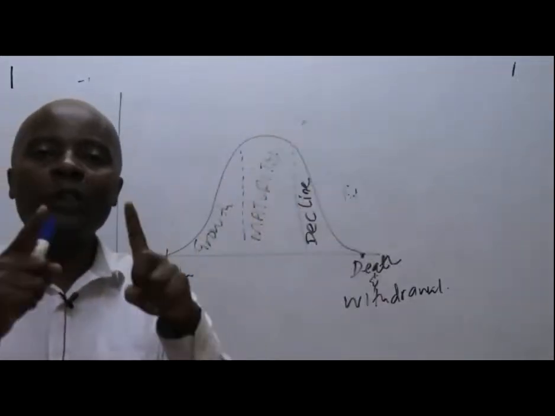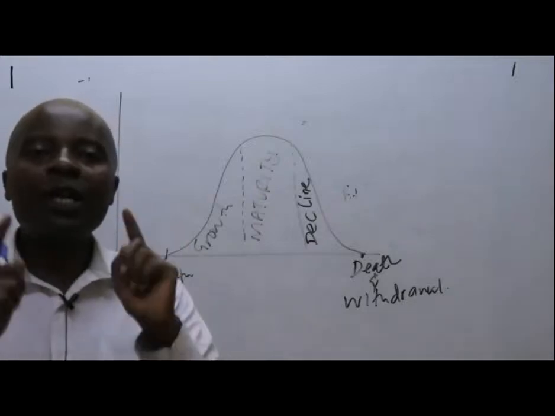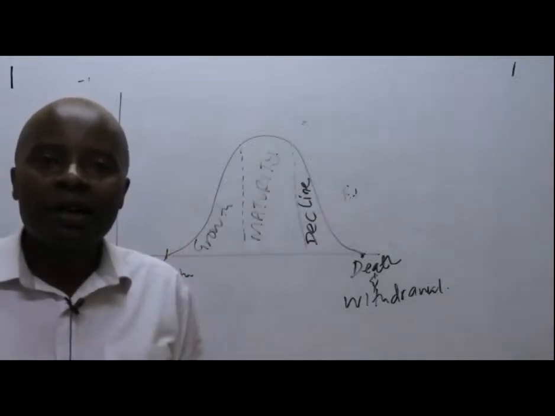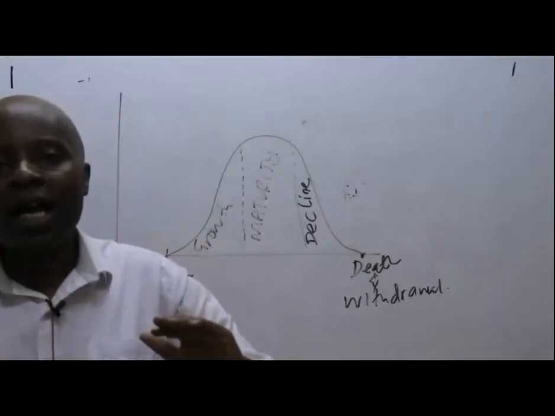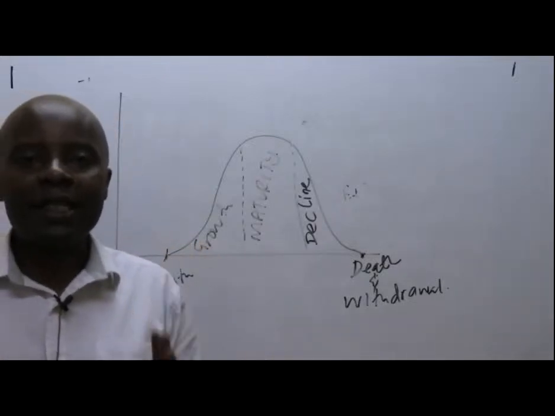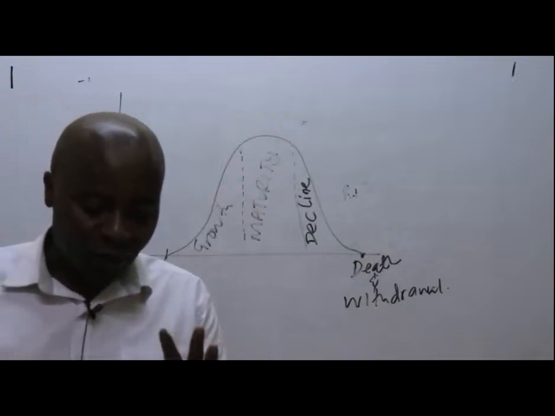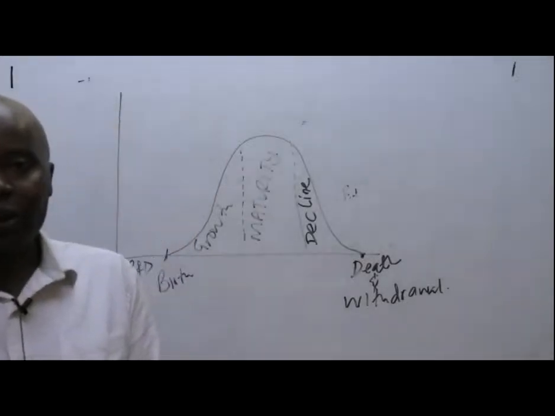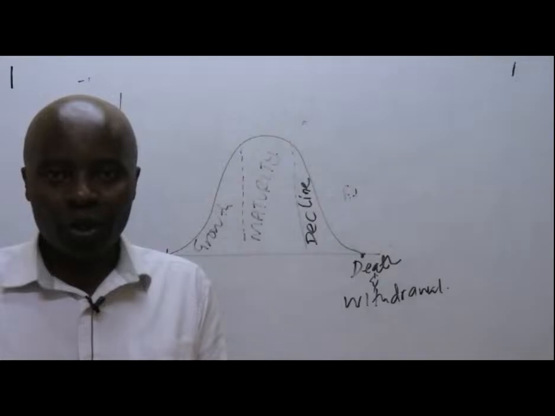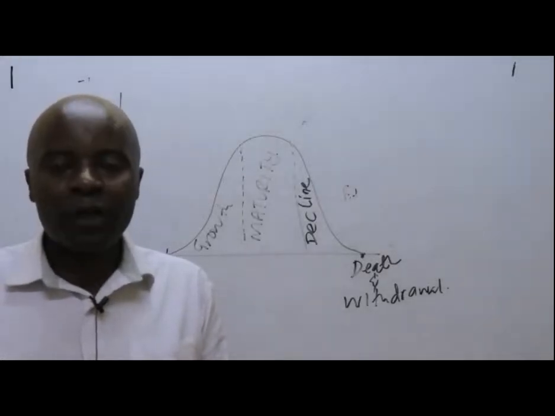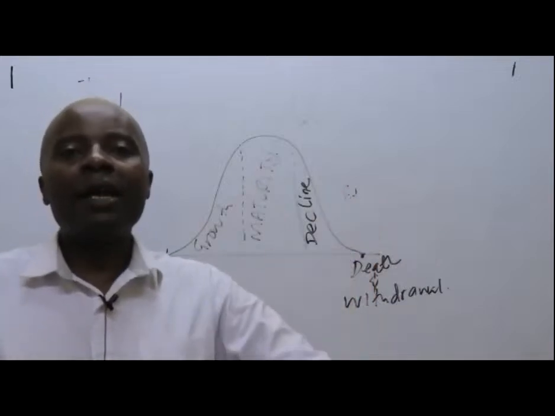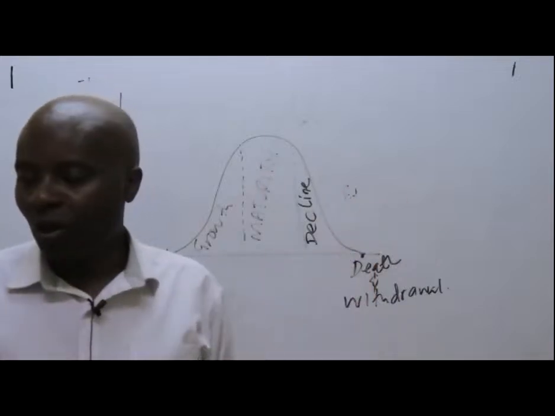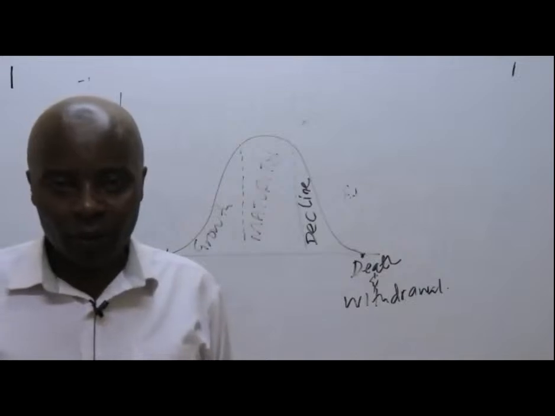So we do cost tracking and revenue tracking of a product over its entire lifetime. Whenever they talk of life cycle costing, remember cost tracking, revenue tracking of a product over its life cycle.